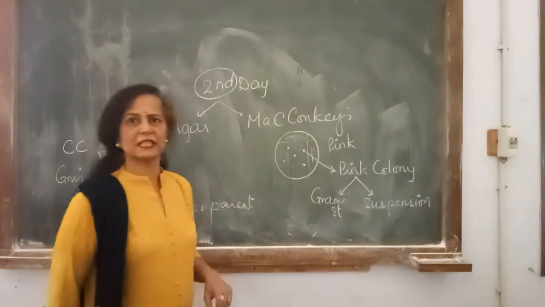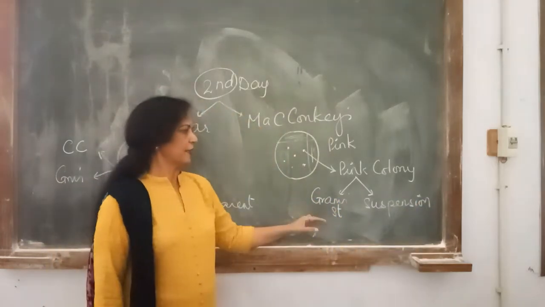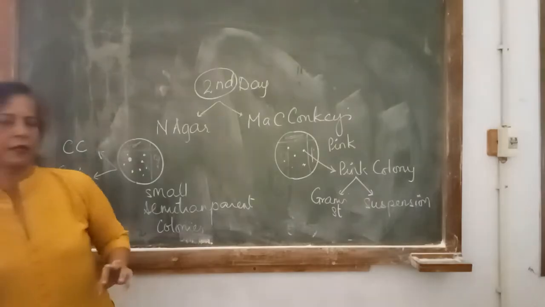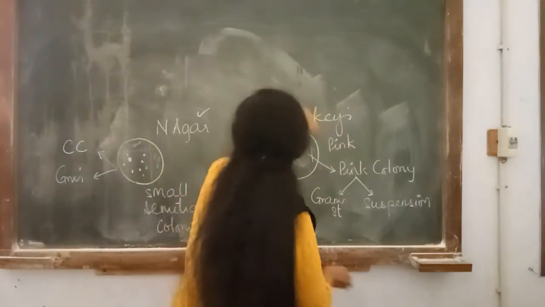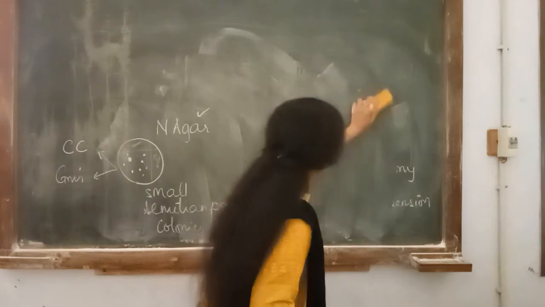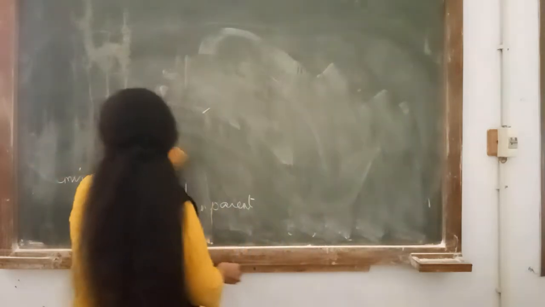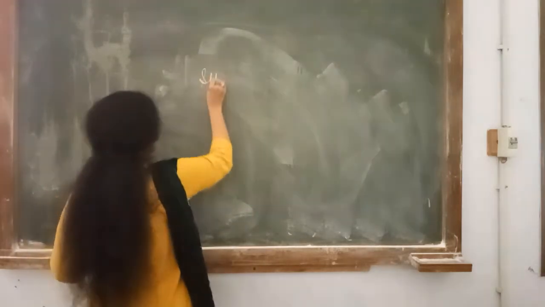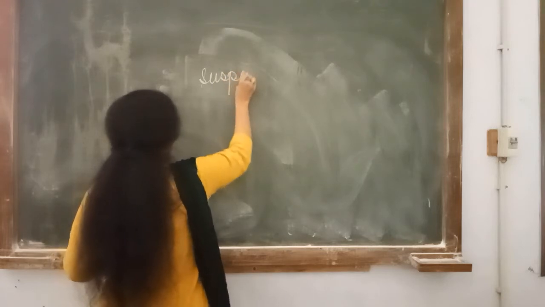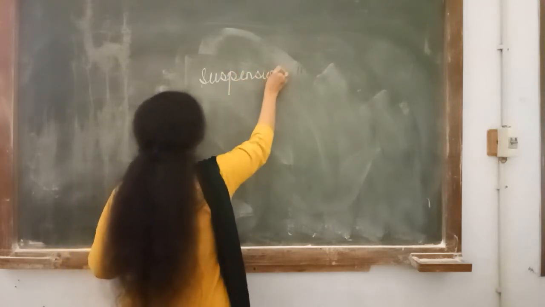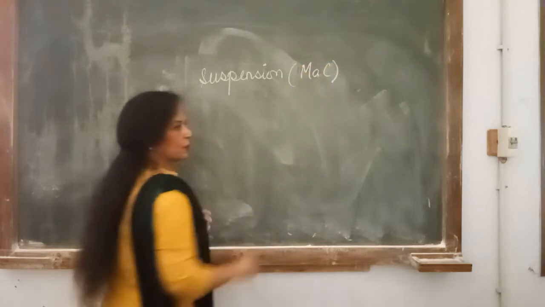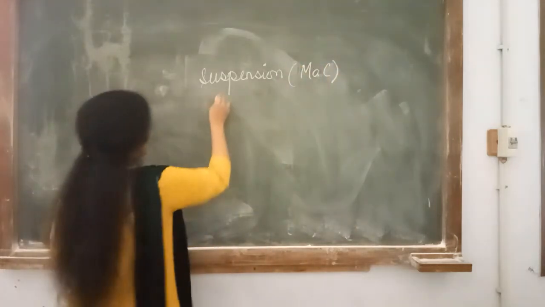Now after making suspension, okay, we have to inoculate the different media, tubes as well as the media plate. Now from the suspension which we have prepared from McConkey's agar plate, now what is to be done?